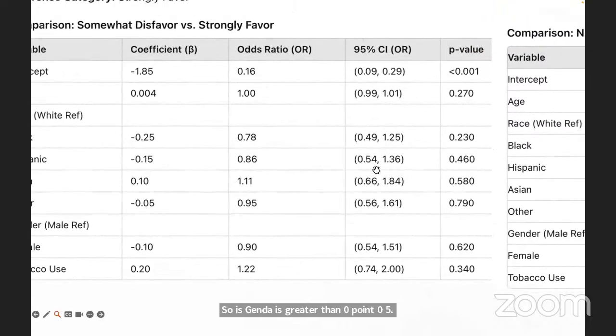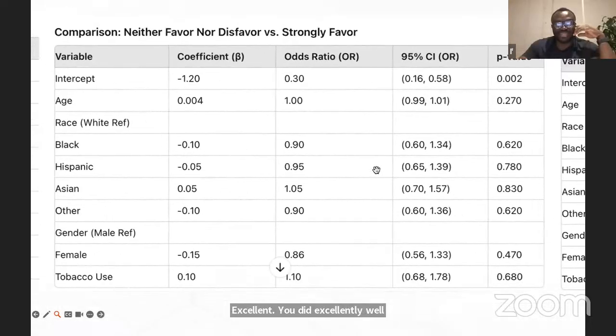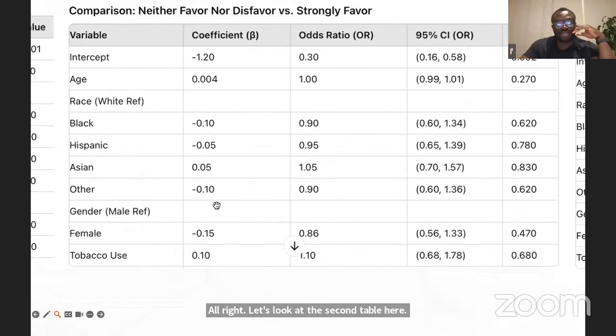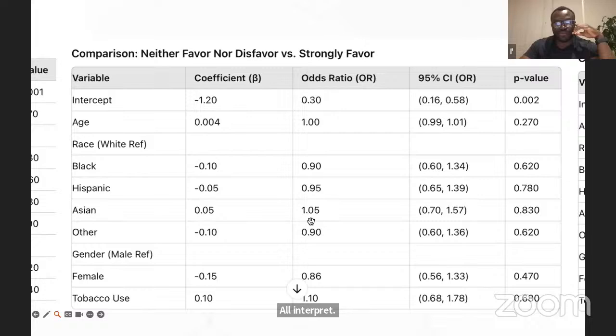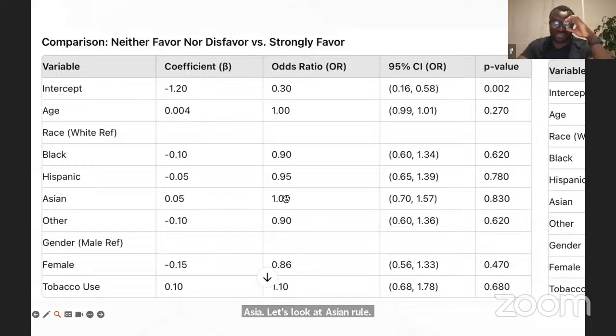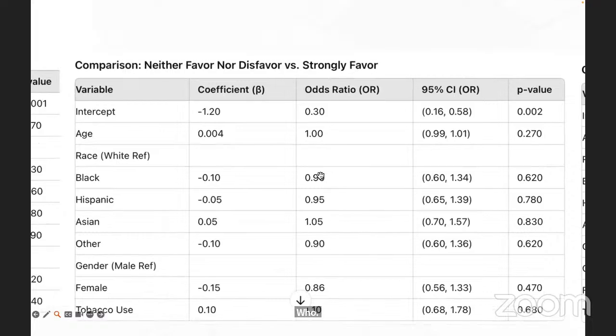Okay. All right, let's look at the second table here, right? This is now neither favor nor disfavor. Now, let's pick a volunteer who will interpret the result for this. Let's look at the Asian row. We need a brave volunteer to interpret this for us. Hyacinta.